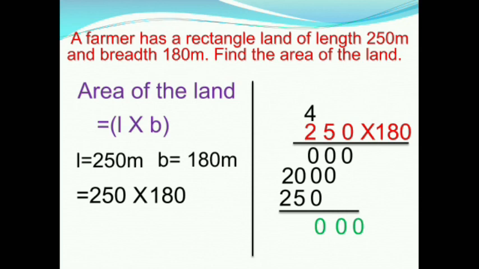What is 0 plus 5? 0 plus 5 is equal to 5. Write 5 below the 5. Next we have 2 and 2. 2 plus 2, 4. Write 4 below the 2. Therefore, the area of this land is 45,000 square centimeter.